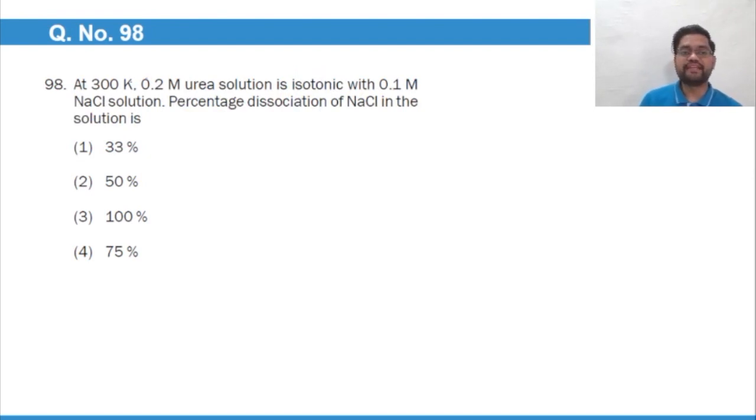98. At 300 Kelvin, 0.2 molar urea solution is isotonic with 0.1 molar NaCl solution. Percentage dissociation of NaCl in this solution is, we need to calculate percentage dissociation. So basically it will be I1 M1 is equal to I2 M2. Suppose this is urea and this is NaCl.